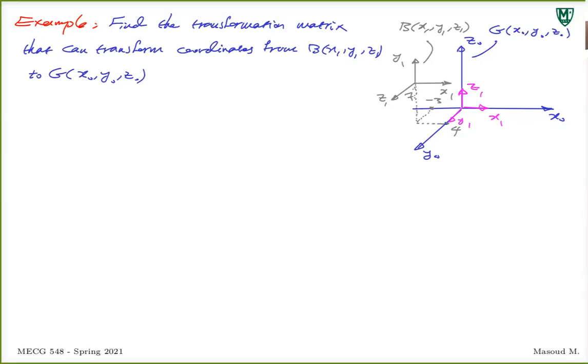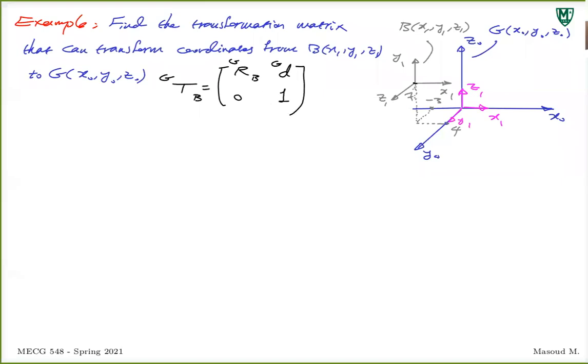Now, what was the transformation matrix? We said the transformation matrix from frame B to frame G would be the rotation matrix of B in G, and then the translation of the origin in the global coordinate frame, and then 0 and 1.